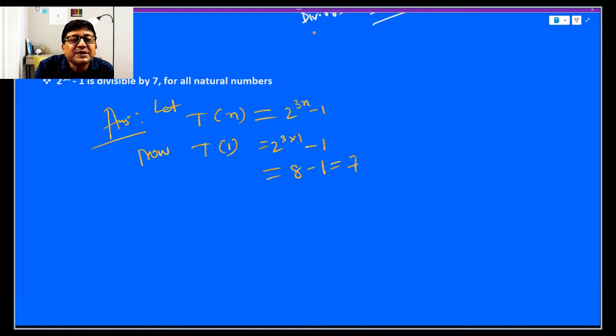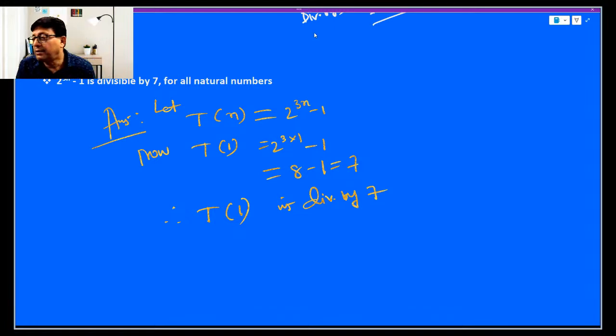So you got the base step, the initial step. Therefore T1 is divisible by 7. Clear? We have proved that T1 is divisible by 7.